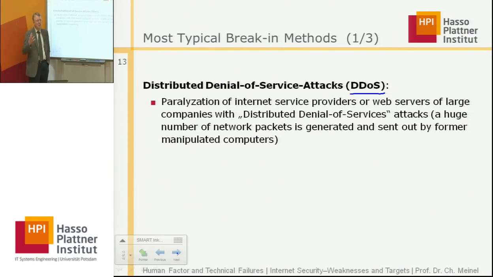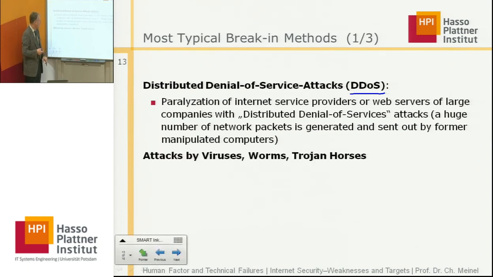Here the idea is to paralyze an internet service or a web server, typically of large companies, with such a denial of service attack by sending a huge number of network packets, which are sent out by formerly manipulated computers, with the effect that the service which is requested by these packets cannot be provided, and the system breaks down due to a lack of resources.